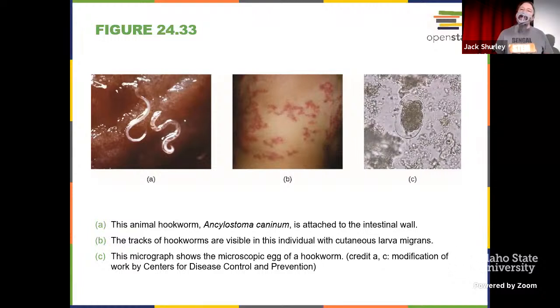And it causes what we call cutaneous larval migrans. So they stay right within the skin, creeping around. You see this inflammation, all of these little tracks. It's the result of this worm moving under the skin and leaving signs, the swelling, as a result of some of its metabolites that our body reacts against.